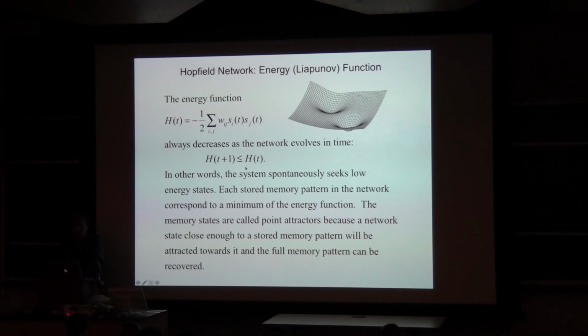It can never increase. Of course, this function is bounded from below, it cannot go to negative infinity, because it's all plus 1 and minus 1. You put it together, and in the worst case, you have some value. So if it always decreases, eventually you will settle at some point. If you remember your linear algebra, this quadratic function is minimized or maximized at some eigenvector if you constrain the norm of your vector.